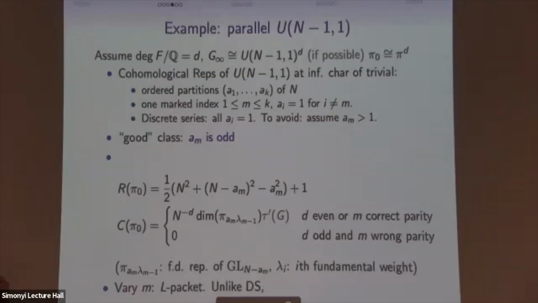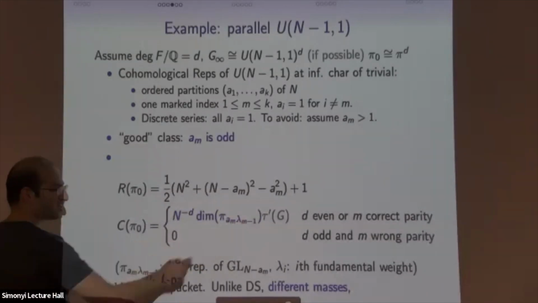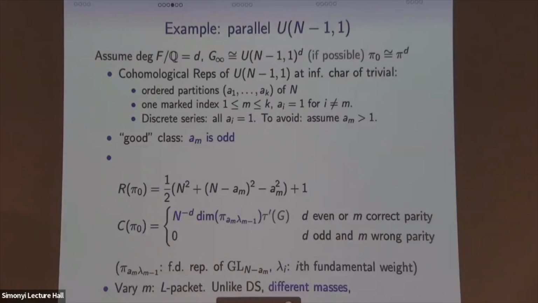But here, interestingly enough, it's not the same, right? As you change this fundamental weight, these dimensions are changing. So as M gets closer and closer to the middle, you have more and more automorphic representations with that particular component at infinity. And if M is far away from the middle, then you have fewer.